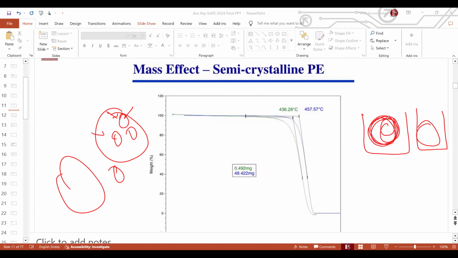So overall mass, how does it impact the DSC or TGA? Usually it doesn't affect much, because we put the mass depending on how big my crucible is. So usually we don't play with the mass.